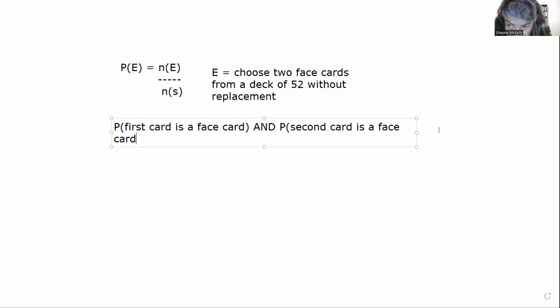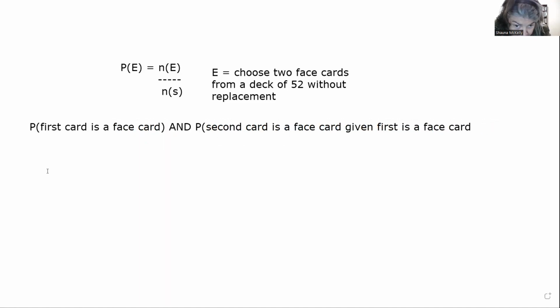Remember, these are not the same, because the second is given that the first is a face card as well. So we're looking at dependent events.